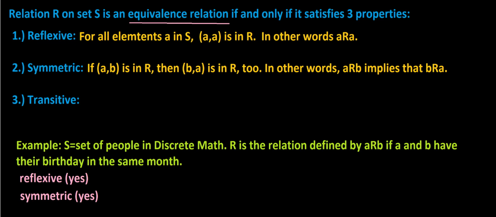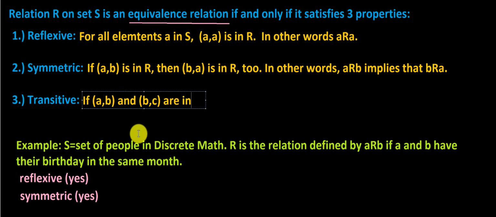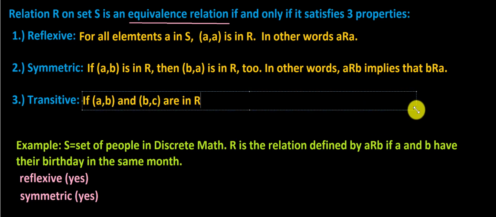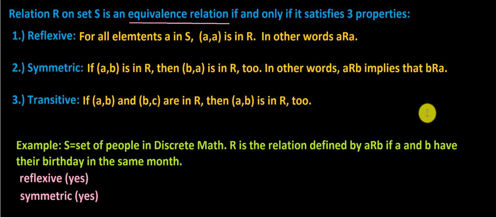The last property that needs to be checked is transitive. So transitive says that if (A, B) and (B, C) are in R, then you can transit from A to B, B to C. You could go from A to C. I'll draw you a little picture here.